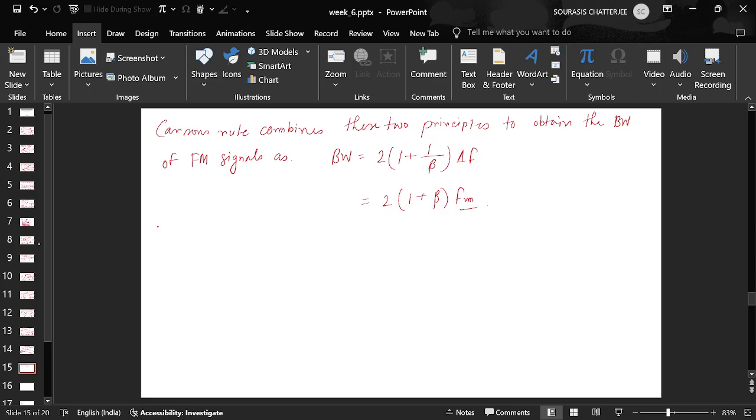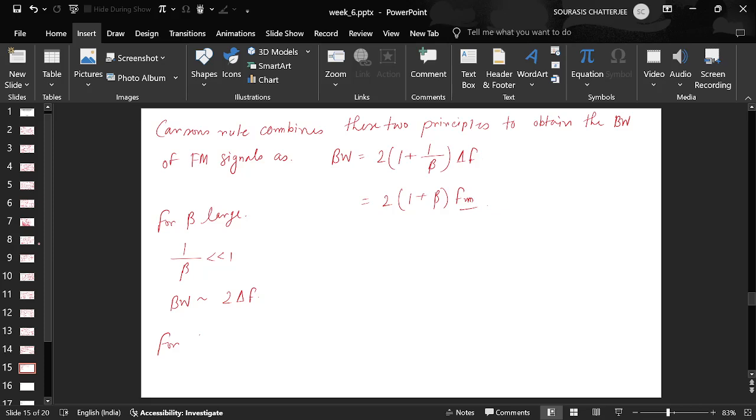You can see that for beta large, 1 over beta is much less than 1, so that makes the bandwidth close to 2 delta f.